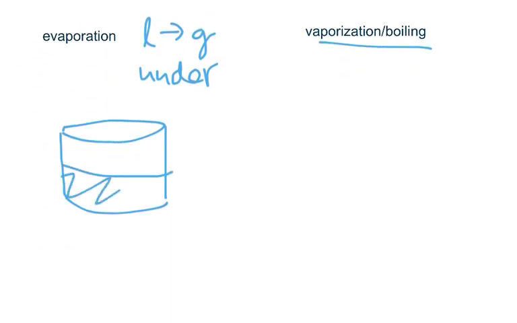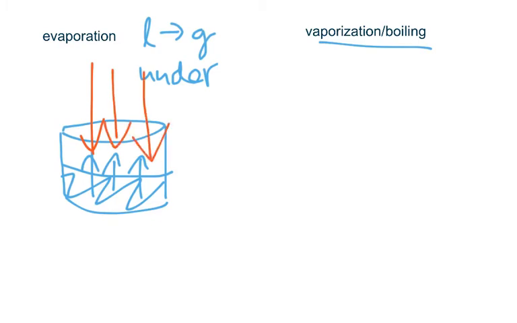And let's just say that this is water, for example. In evaporation, we have a vapor pressure, of course, but this vapor pressure is going to be less than the atmospheric pressure. So the pressure of the atmosphere will be greater than the vapor pressure exerted by the water.